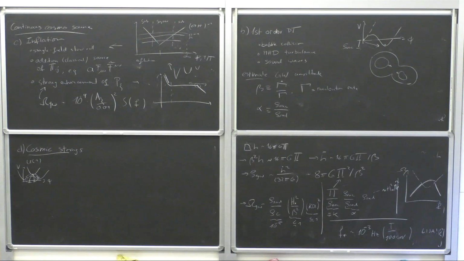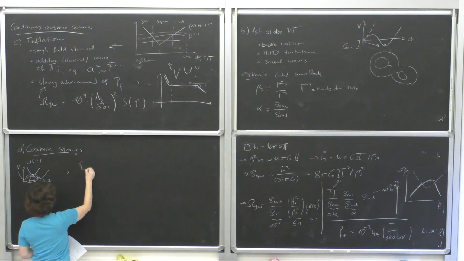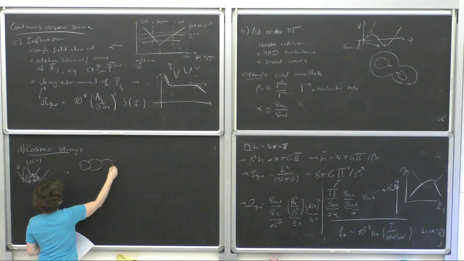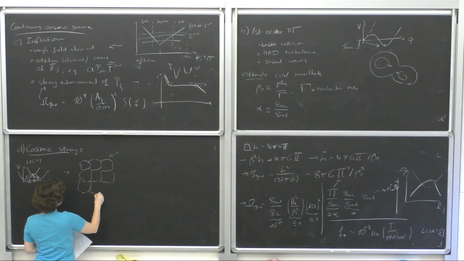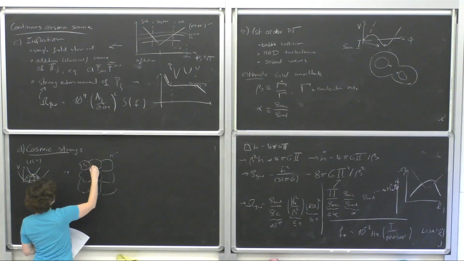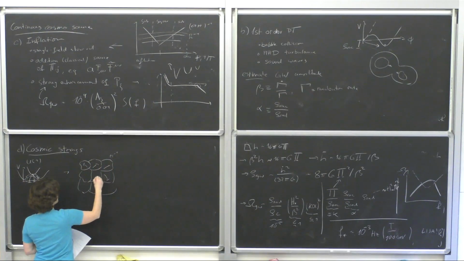Within a Hubble patch, it will want to minimize gradient energy and it will align itself. But beyond the Hubble patch, it's completely random. So if I look at one 2D slice of the universe, there will be a bunch of patches, each one roughly Hubble horizon, and in each of these patches the Higgs field will point in some random direction.